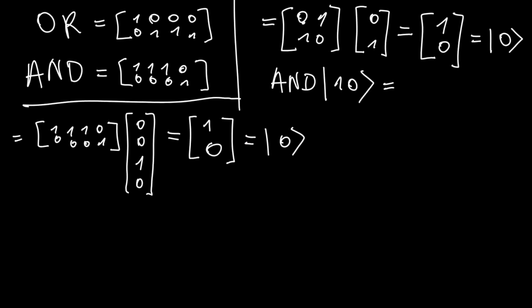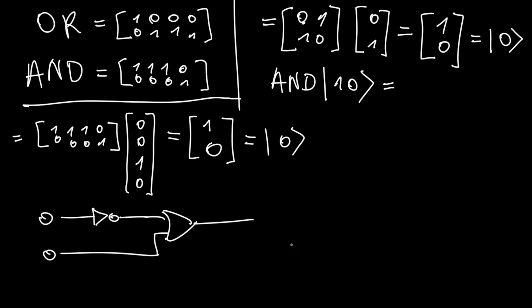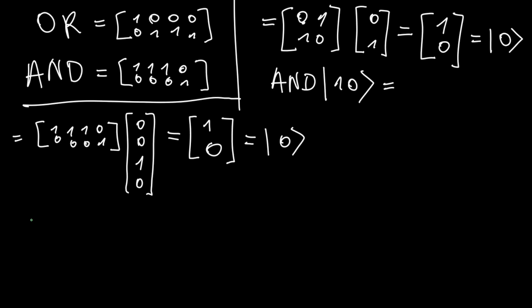And the last example, with a little bit longer circuit. It would be having 0, applying NOT, having another 0, and then applying OR gate, like this. We're gonna write it as OR NOT 0 tensor product 0.